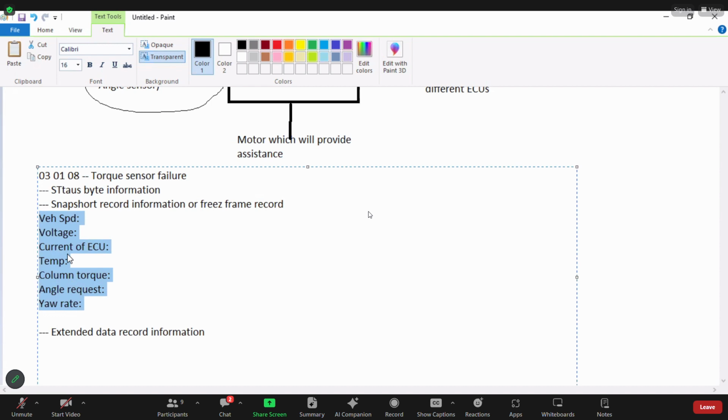In that case, initial analysis will be performed by seeing this data. When the vehicle speed was 180, the temperature was this, and the column torque was this, then this fault happened. So it is easy for them to reproduce the fault in the lab. Once they create the same scenario again in the lab, they can see that fault. Understood now?